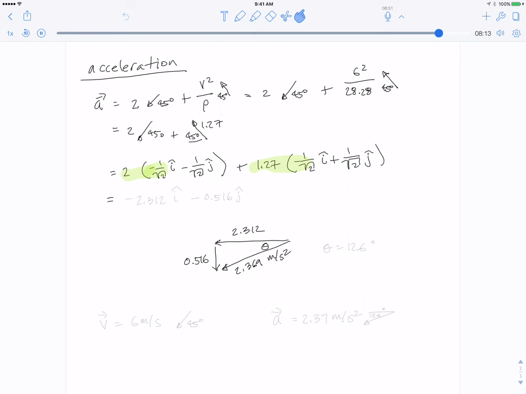I'm just going to take the arctangent of 0.516 divided by 2.312, and that comes out to 12.6 degrees. So in the end, the velocity is 6 meters per second going down at 45 degrees, and the acceleration is 2.37 meters per second squared, angled down at 12.6 degrees. There you go.